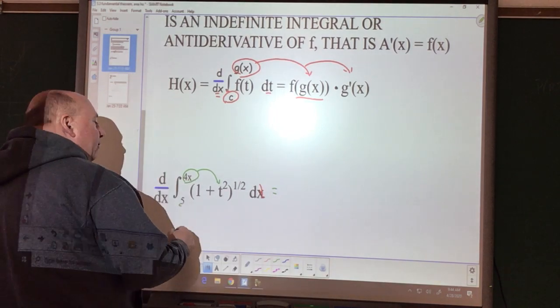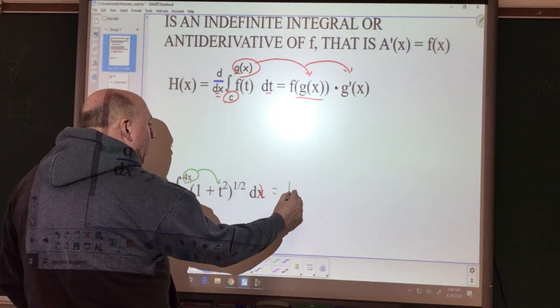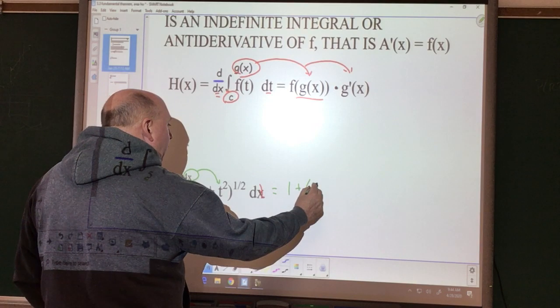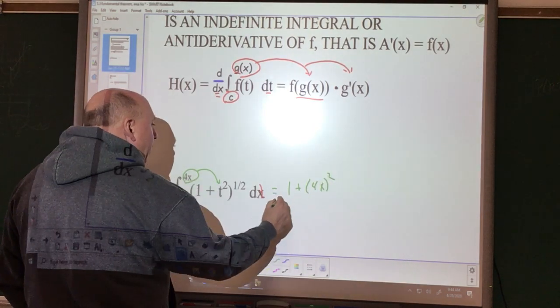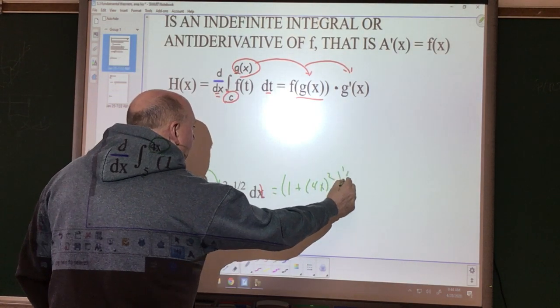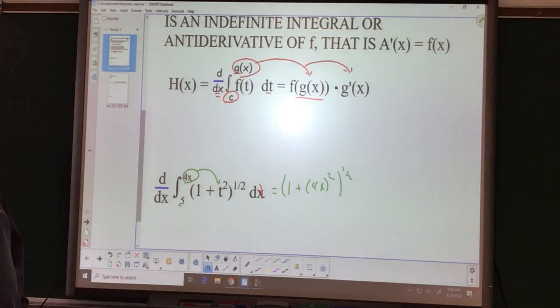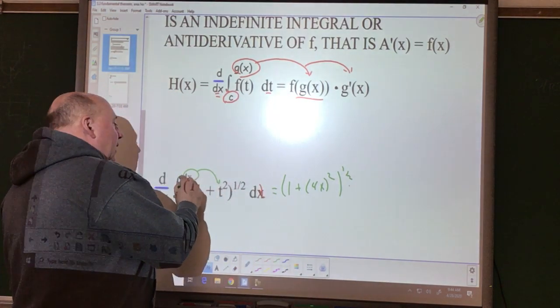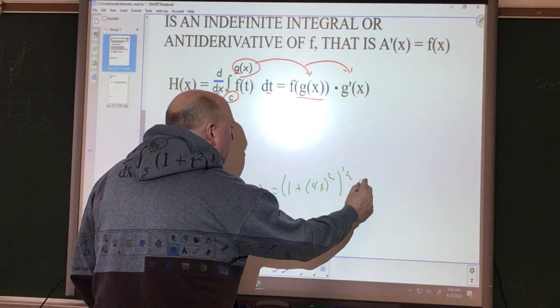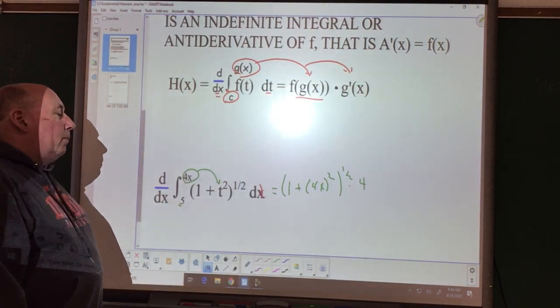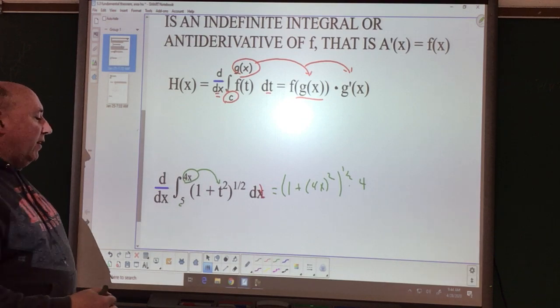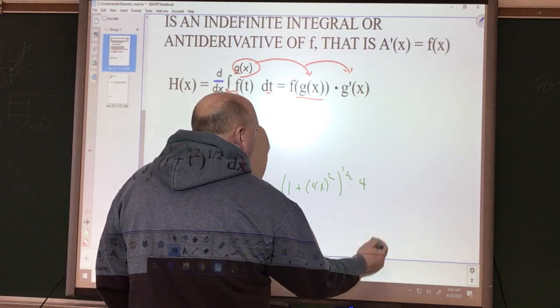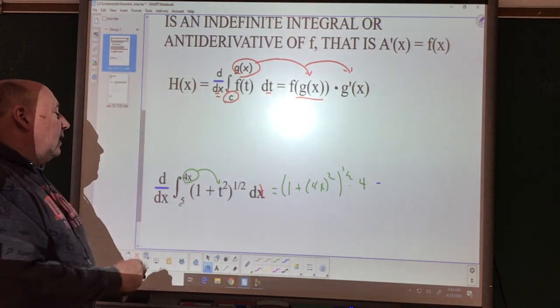So we have 1 plus 4x quantity squared all to the 1/2. But then we have to take our chain rule and take the derivative of 4x, which is times the value of 4.